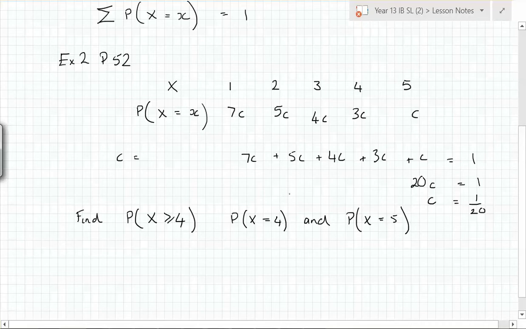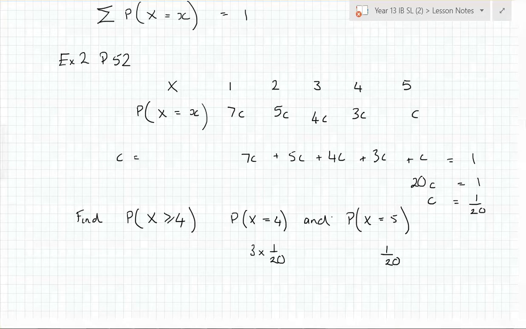So this is obviously showing all my working. You got the right answer, didn't you? Probability that X equals 4 is 3 times 1 over 20. And the probability of X equaling 5 is 1 over 20. Okay. Actually, this word "and", is that the correct word I should use in this context? It should be "or", because we're saying it's not X is 4 and 5.